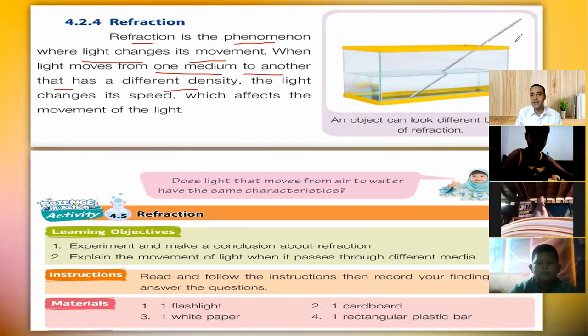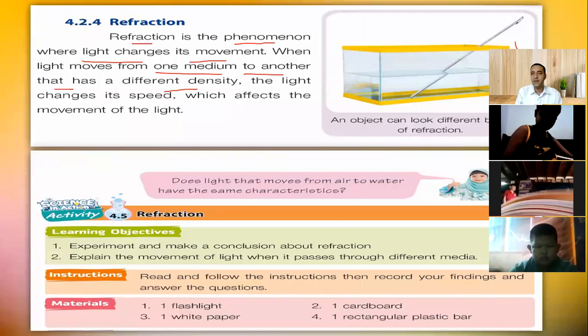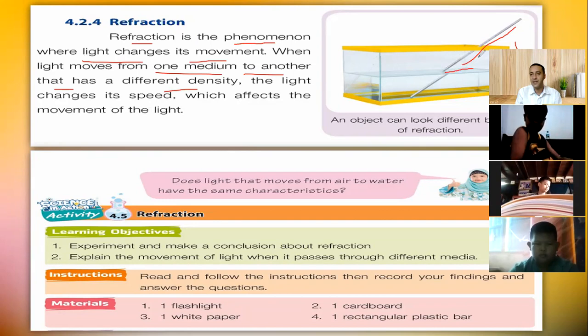You can see in the picture, for example, if we put a stick in a tank of water, when it comes to the surface of the water, we look at it from a different angle. But when it goes through the water, you will find it changes the angle. So an object can look different because of refraction.